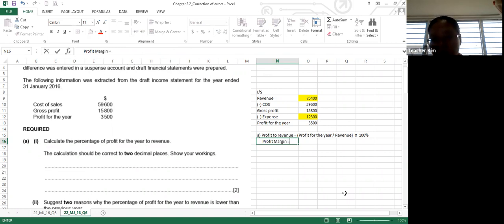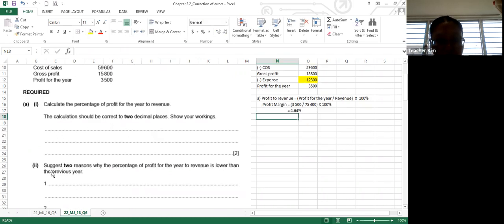So for this profit margin we take profit for the year, which is 3,500, divided by revenue 75,400 times 100%. Follow the instruction: if they say 2 decimal places, we give 2 decimal places. Let's calculate. 3,500 divided by 75,400 times 100% is 4.64%.